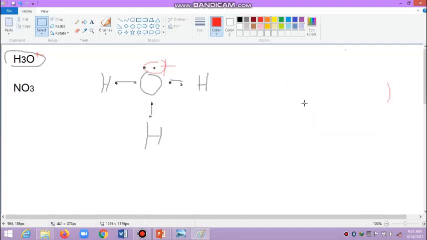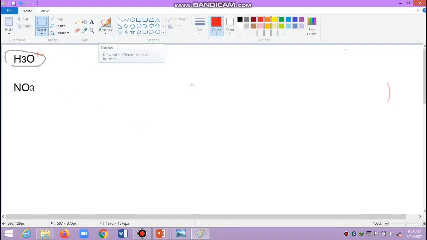Okay. Now, let's have the nitrate. NO3. Okay, sa nitrate, nitrogen natin ay meron daw nakaband na 3 oxygen. So, we have here nitrogen, oxygen, oxygen.